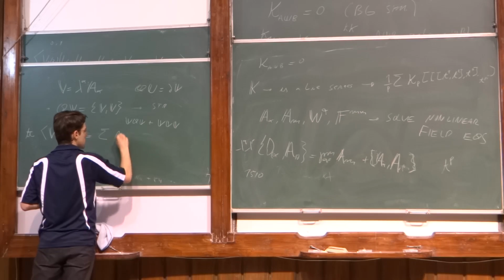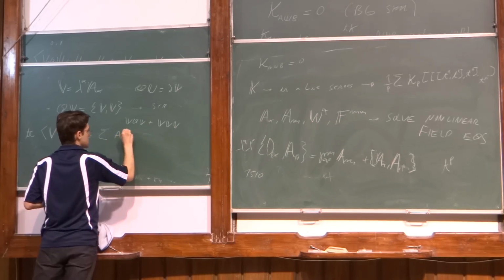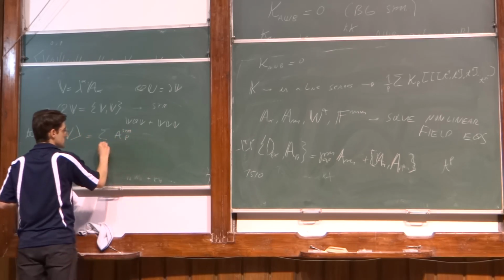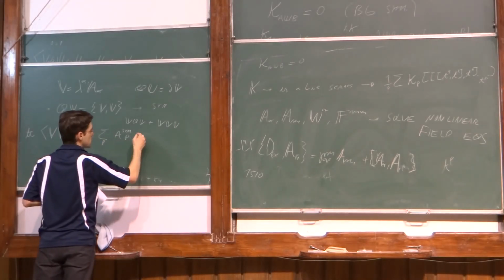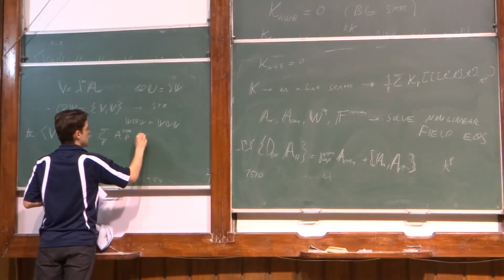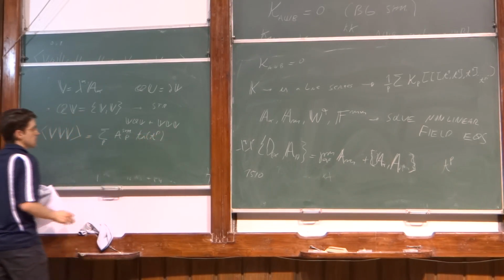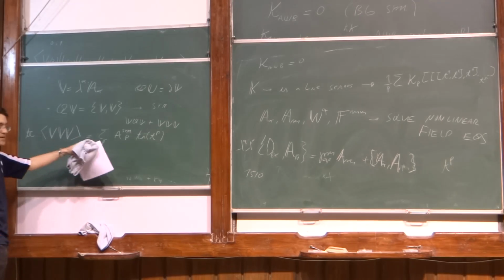There is a coefficient here, but you basically get the sum over all super Yang-Mills amplitudes, where P is a multi-particle label, and then the trace of T_P.